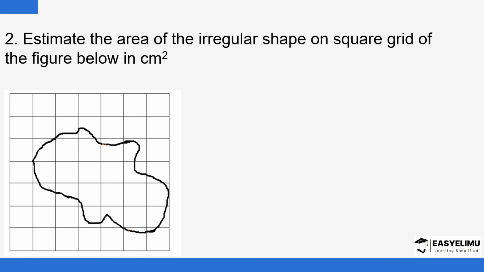So let's see some other ones. Again, estimate the area of the irregular shape on the square grid of the figure below in square centimeters. So the formula is still the same.